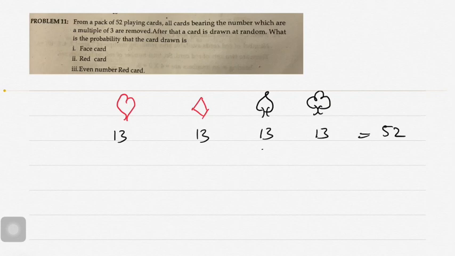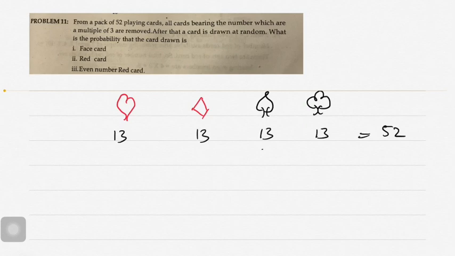Now what they are saying, out of these 52 cards, all cards bearing the number which are multiple of 3 are removed. So numbers which are multiple of 3 are 3, 6 and 9. Correct. The number cards are from 1 to 10 in a playing card, right? You have ace, then 2, 3, 4, 5, 6, 7, 8, 9, 10.